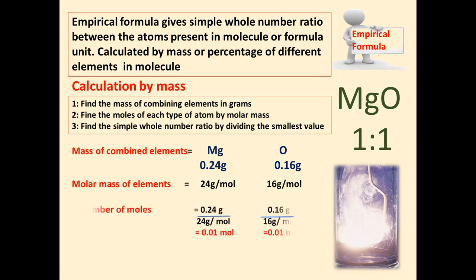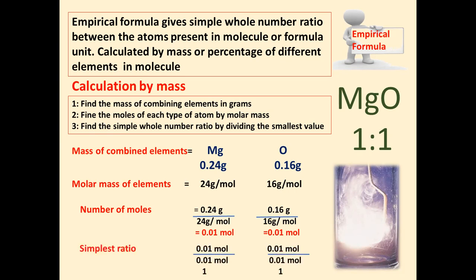We calculate their moles by dividing the mass of magnesium over its molar mass. So this value will be 0.01 mole, while oxygen will give us 0.01 mole. Both values are the same. So we take the smallest value to divide both values to get the simple whole number ratio.